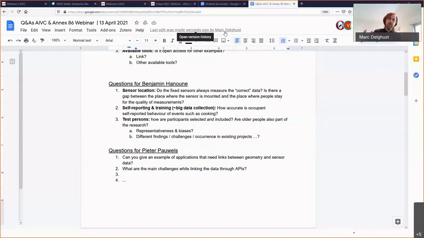Because in a lab you can do experiments and try to match a signal. The future with big data and IoT is to learn from the huge amount of data and discern more and more patterns and activities. But you need to train that, and one of the ways is asking people to report what they are doing and when. Do you have a sense of how accurate that is and how it can influence your findings?